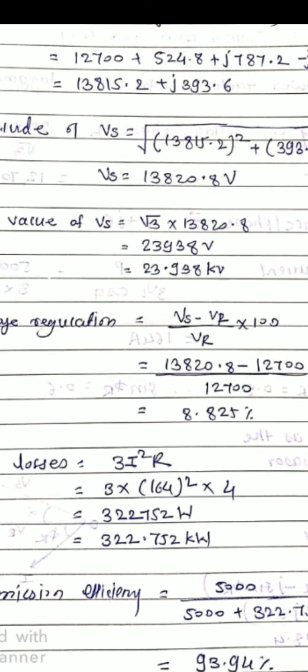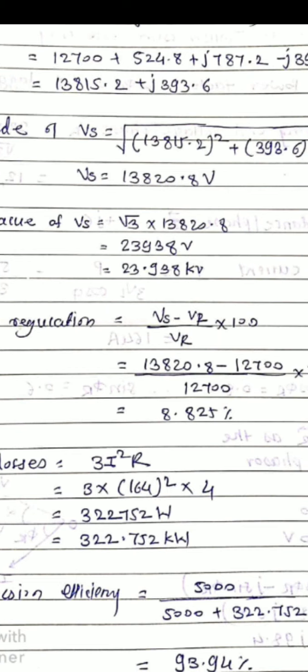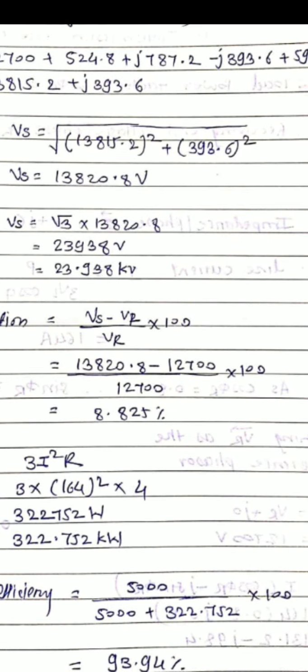Transmission efficiency is 5000 divided by 5000 plus the losses, that is 322.752, into 100. Calculating that, it becomes 93.94 percent. This is the transmission efficiency.